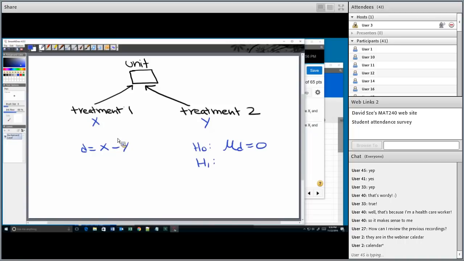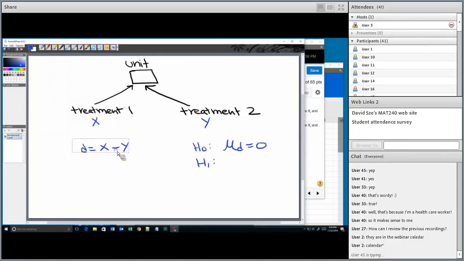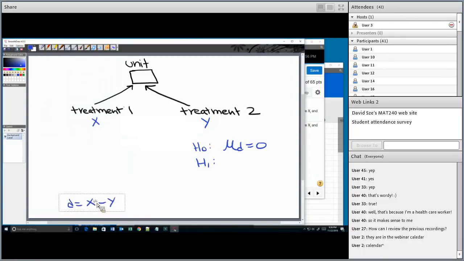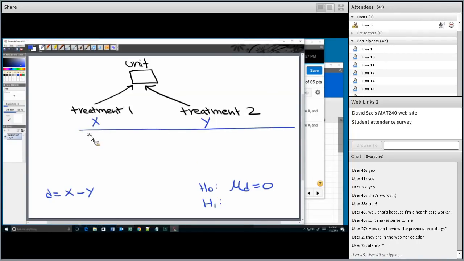So imagine this. Imagine that you have some sample. Okay, so imagine that I have some sample value. So say maybe for treatment 1, I get a sample like this.